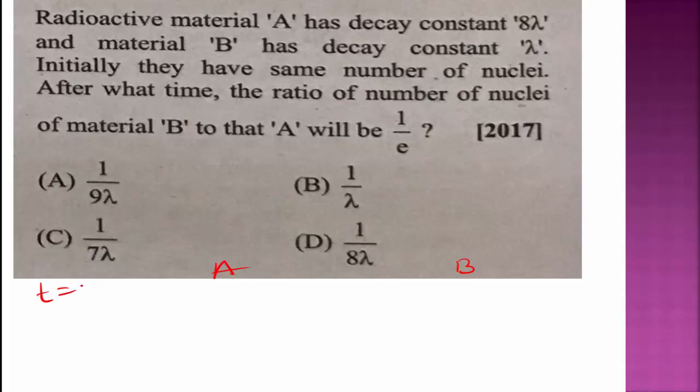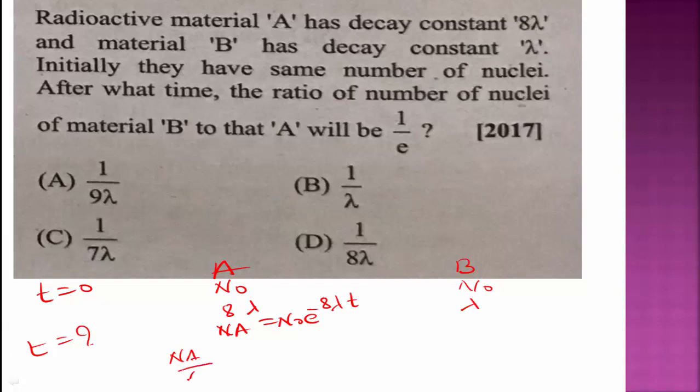Here for A material, time t is equal to 0, the number is N0. This is also N0. In this case the decay constant is 8 lambda, or here is lambda. When time is t, in this form we get Na is equal to N0 e to the power of minus 8 lambda into t.